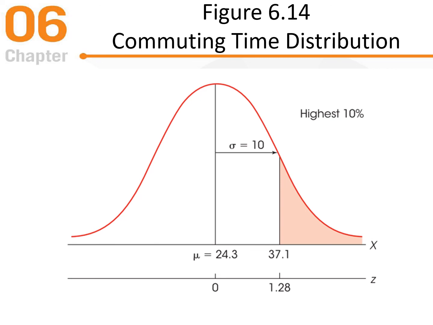I need to find a z-score for that tail. Once I look up 0.1000 in column C, which is the tail, that will give me the z-score I'm looking for, and that z-score is 1.28. So a z-score of 1.28 has 10%, or 0.1000 as a proportion, in the tail.